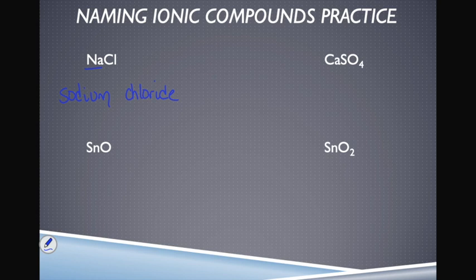Okay? So your job, maybe when you look at a formula that looks like it might be a little bit more complex like this, is to figure out, okay, what's the cation, what's the anion? Hopefully you can recognize calcium as your cation. That means everything else left must be your anion. So SO4 is your anion.